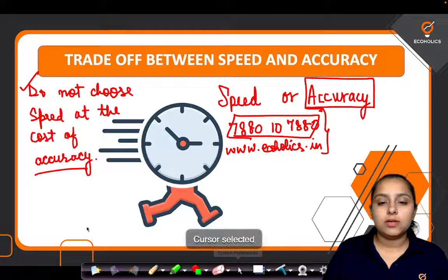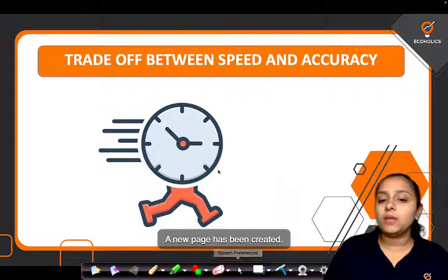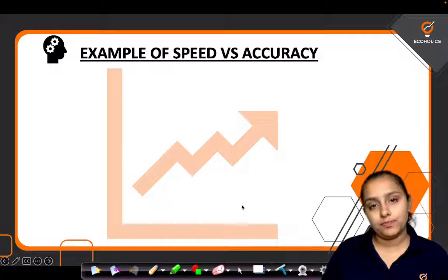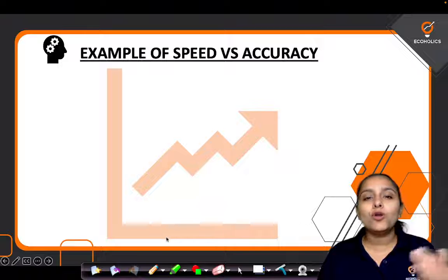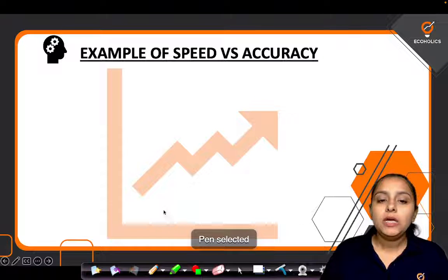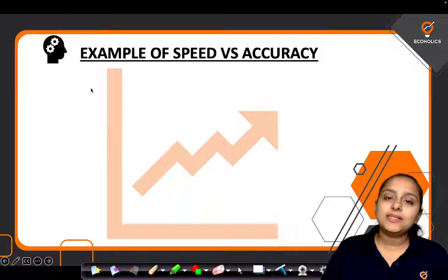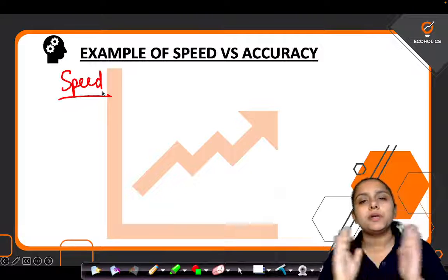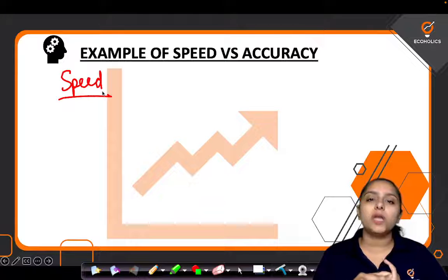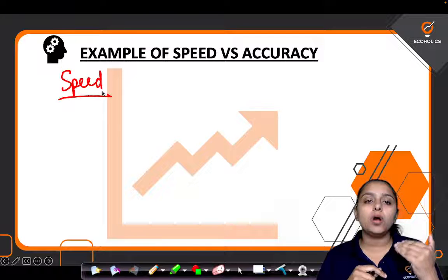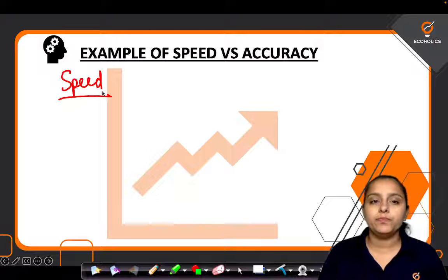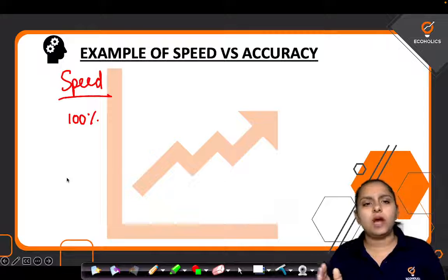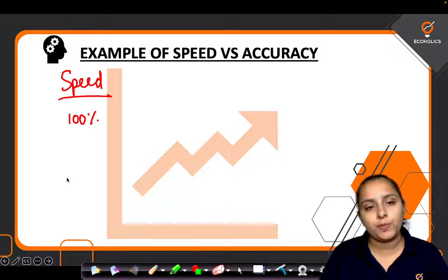Alright, so to make my point clear, I have already told you that you have to choose accuracy over speed, and do not choose speed at the cost of accuracy. Now I give you one example. If you go with speed, you think, okay, I will attempt 100% of my paper, because there is no negative marking. So people try to attempt the whole paper. You have 3 hours, which is enough to attempt 100% of the paper.